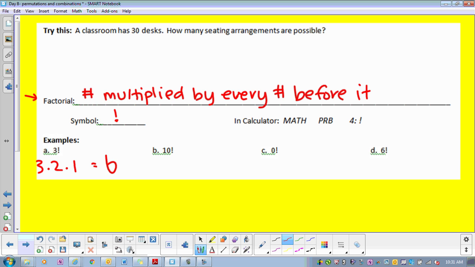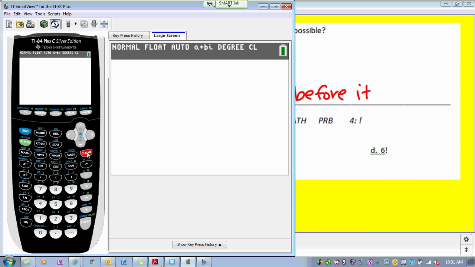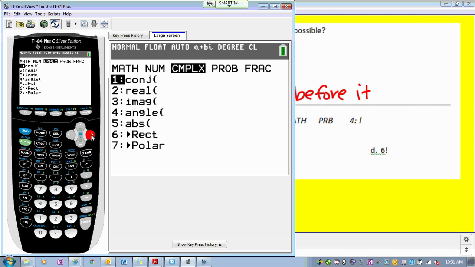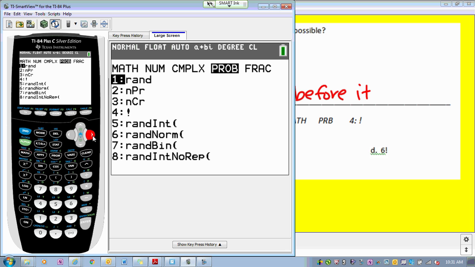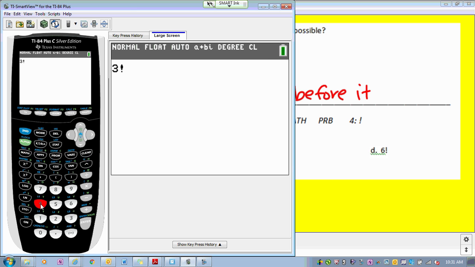That's 6, right? Here's how you also put this into the calculator. You would do 3, and go to math. You're going to tab over to number. And you see that factorial right there, the 4th option down? 3 factorial. There you go, 6.